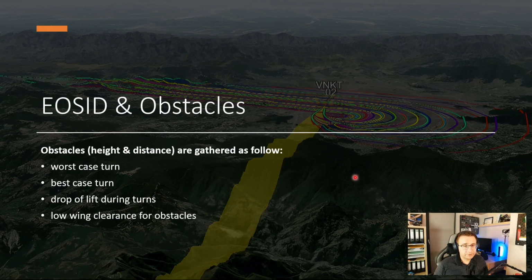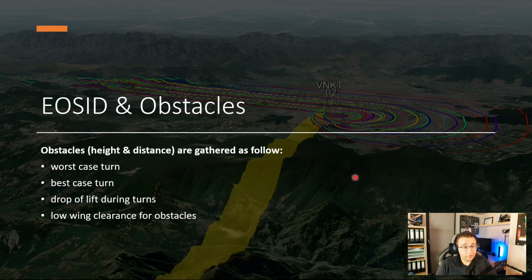So, EOSID and obstacles. I've been asked a lot, but why can't I just give you the text of the procedure and you implement it in your tool and I'll be super happy with it? Yes and no, because an engine failure procedure is a text that gives you guidance on how to fly a route. But the point of this route is to avoid some obstacles, and the obstacles are a combination of a height and distance from your takeoff.